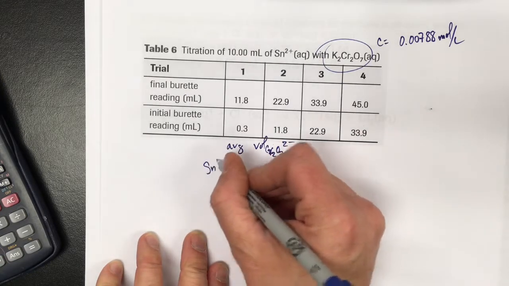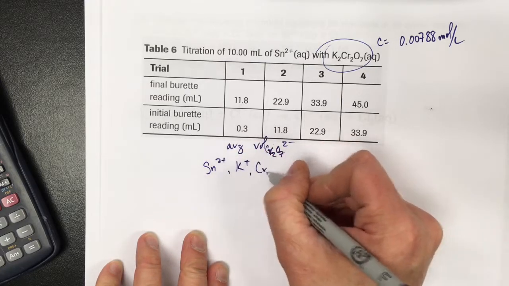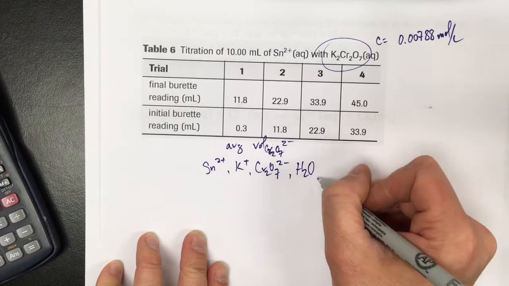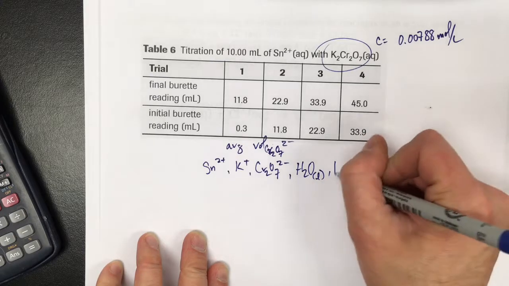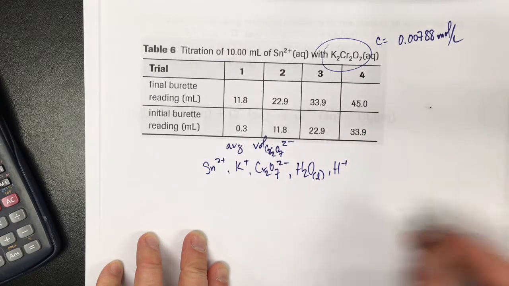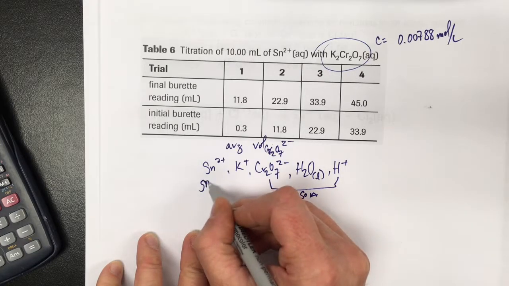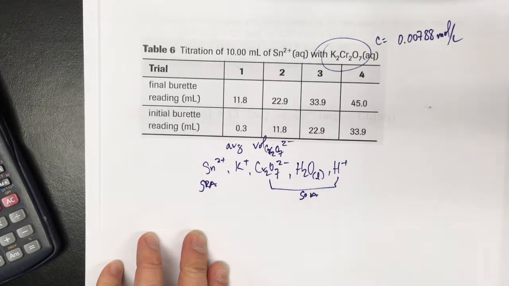And I need to get my balanced reaction. Again, I'm going to have tin 2 ions, potassium ions, dichromate ions, waters, and acid particles. So this is going to end up being my strongest oxidizing agent, this is going to be my strongest reducing agent, and I use those to get my balanced reaction, and I just do another titration calculation.